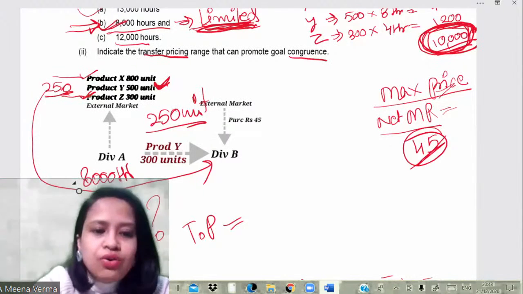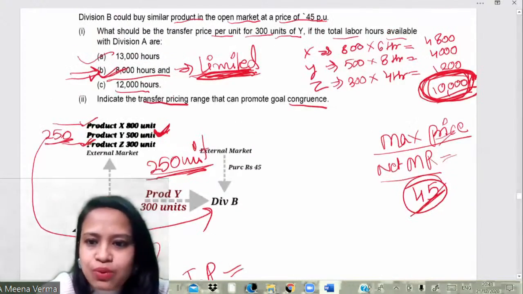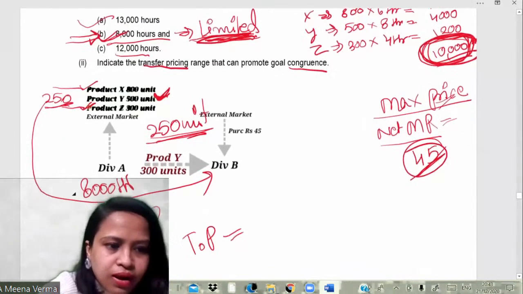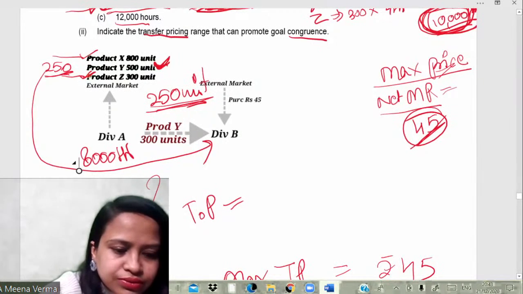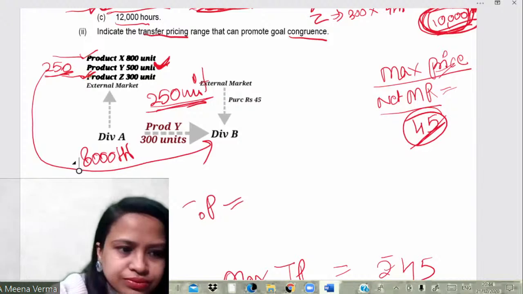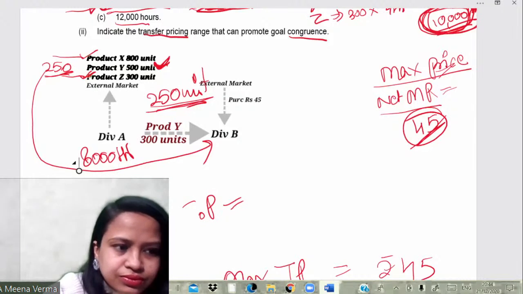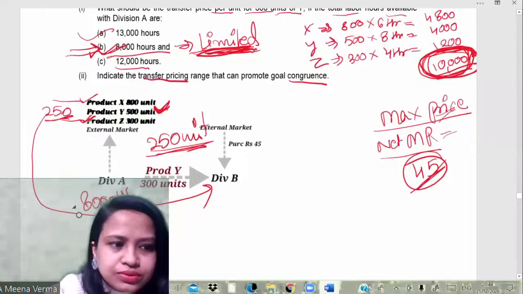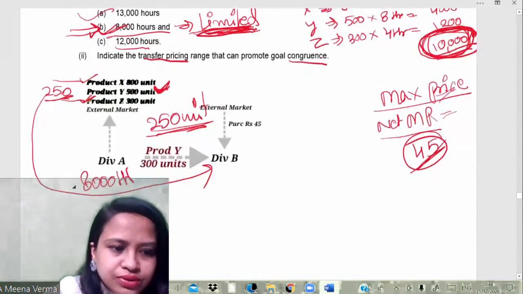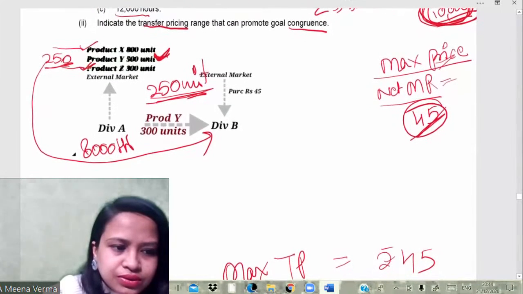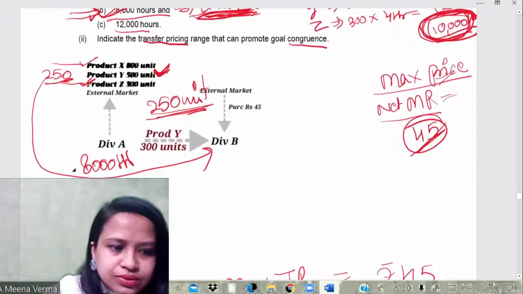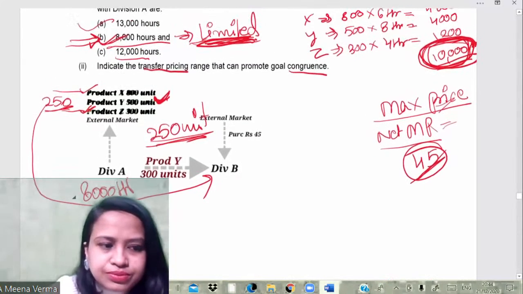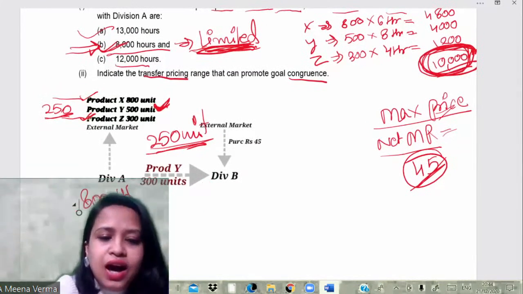So you can see here, for producing 250 units, how many hours are required? See, what will be the transfer price?